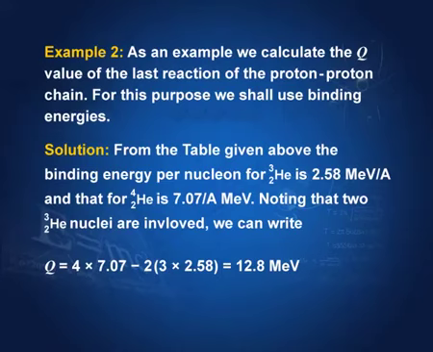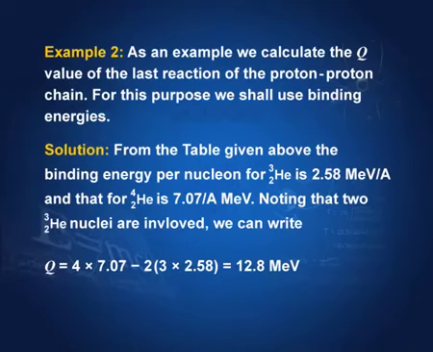So this is the binding energy of the reactants, and this is the binding energy of the products, 7.07 into 4, that is the binding energy of the products. The difference gives us the Q value. 12.8 MeV is the energy released when 2 helium-3 nuclei combine to give a helium-4 nucleus plus 2 protons. The energy given out is 12.8 MeV.